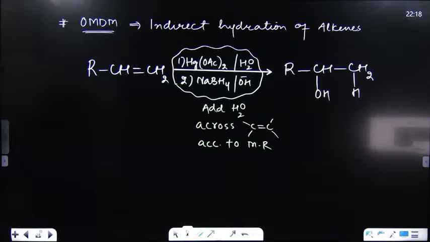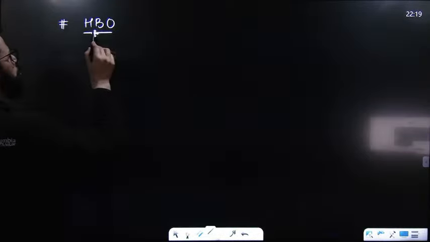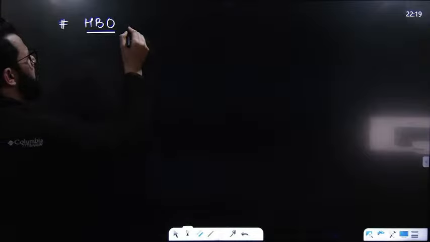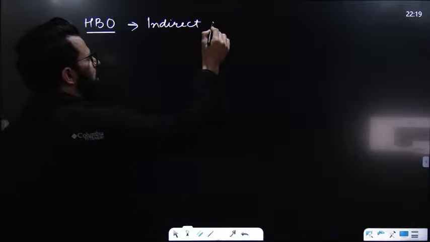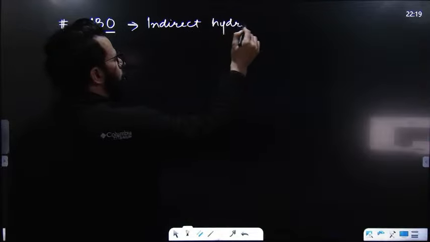After that, we have another reaction, and that reaction is known as the hydroboration-oxidation reaction. But this reaction does not take place through a non-classical carbocation; it takes place via a four-membered cyclic transition state. There is no rearrangement, so no need of a mechanism at all. So this is once again an indirect hydration of alkene.